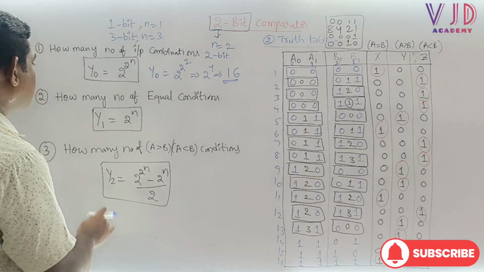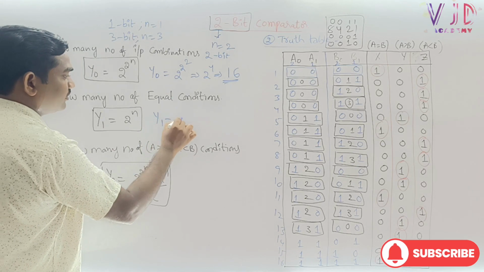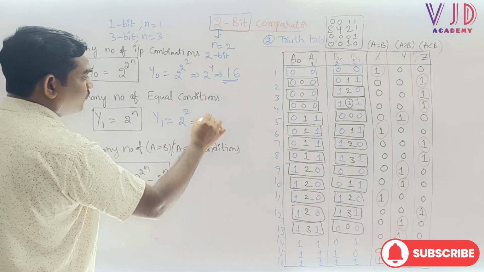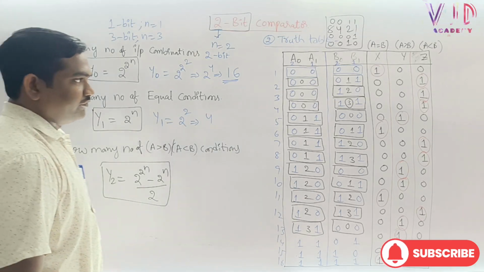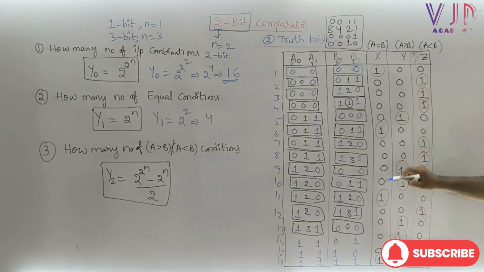And how many equal conditions? We can say y1 equal to 2 power n, n equal to 2, so 2 squared, total 4 equal conditions. We have already seen here A equal to B, 1, 2, 3, 4. So this is also satisfied.